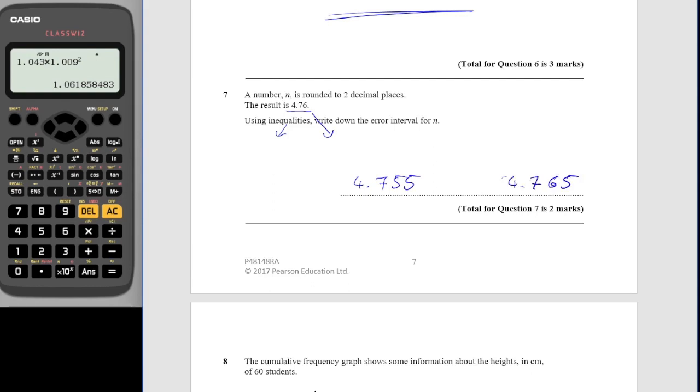Now I know that we would round that up technically, so we'll introduce that in our inequality symbol. So I've done that the wrong way around. So we do it that way. So n has got to be greater than or equal to 4.755, but less than 4.765.